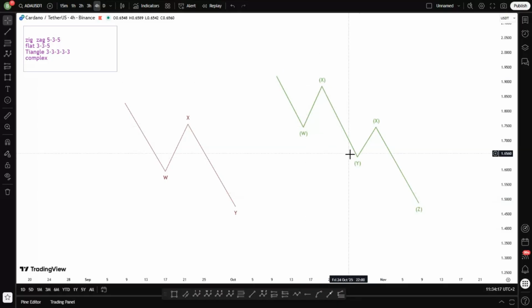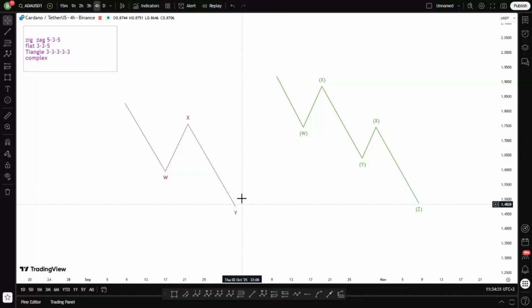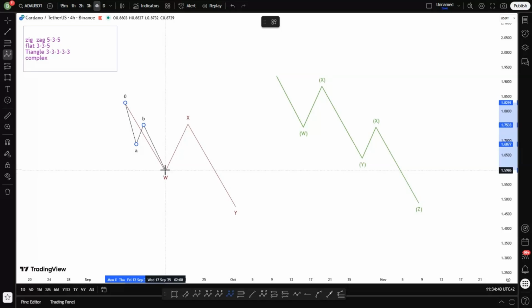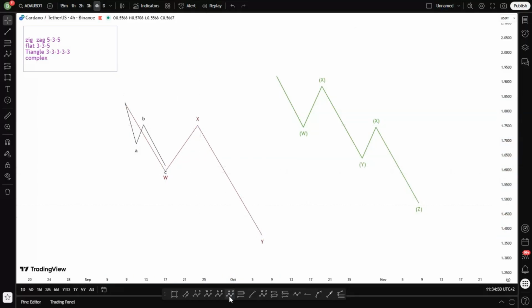On a more complex correction, we know that the patterns will vary. The very same thing that I told you guys on the motive wave between wave 3 and wave 4. So again, on complex correction, it's just the mixture of patterns A, B, C. We can see A, B, C, and maybe here we can have a triangle.